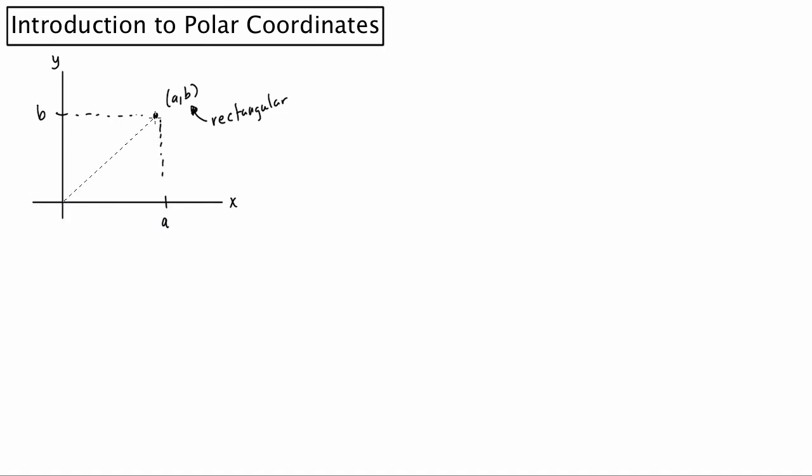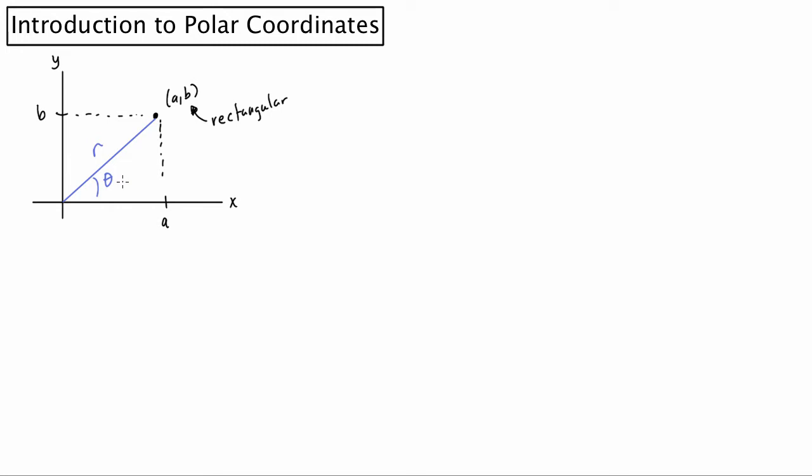So if I want to go to the point (a, b), that's how I would reach it. The way to describe how to reach that point is you're giving two parameters. One parameter is the angle theta that you rotated to get there. The other one is the length it takes to get to that point, which we would call the radius to that point.